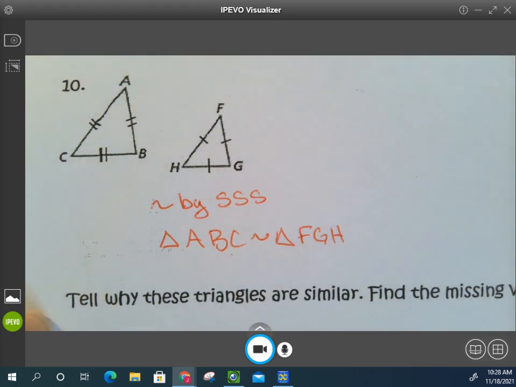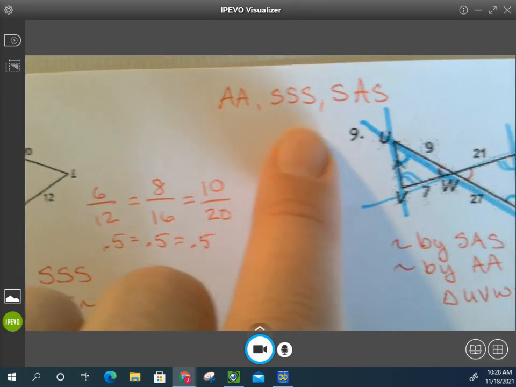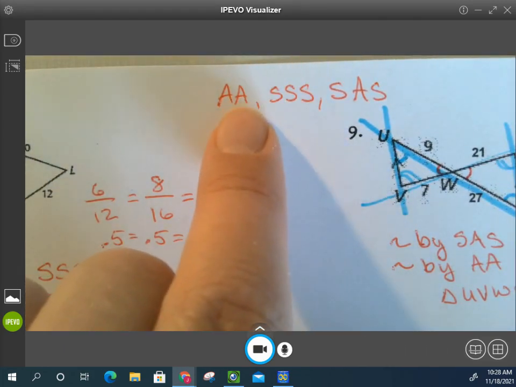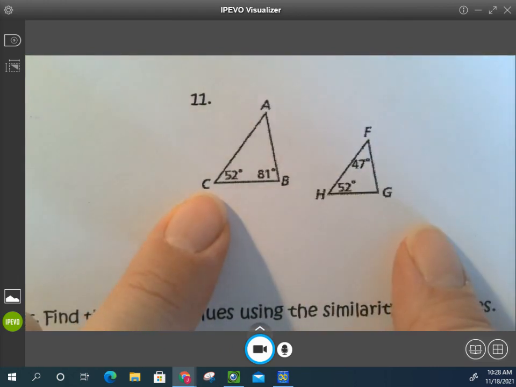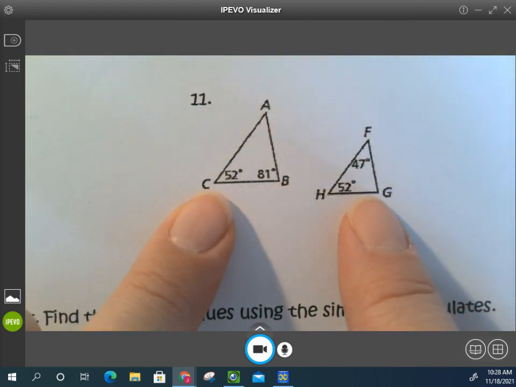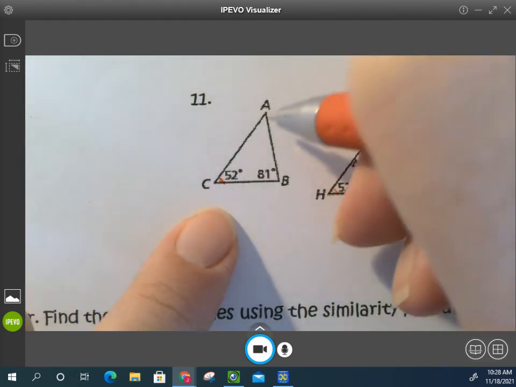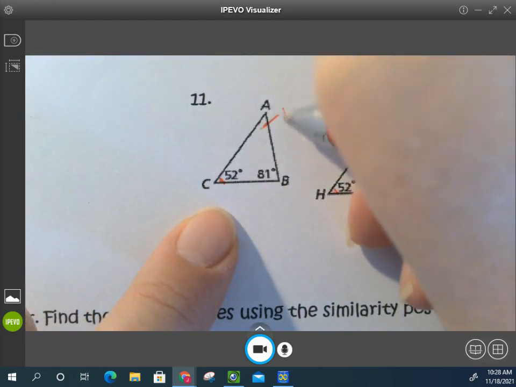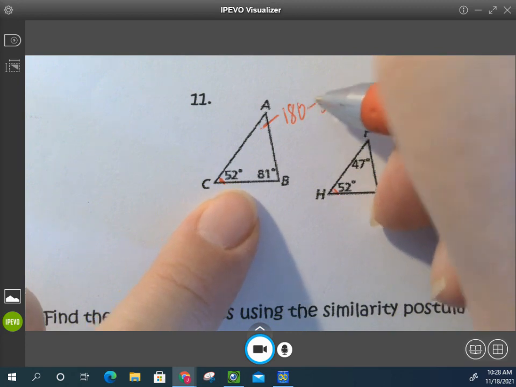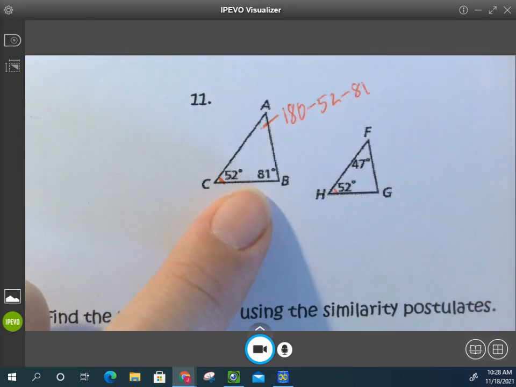Now, look at number 11. We know nothing about the sides. So when you're picking one of them, it's going to have to be all angles. I have no information on sides, but I don't have congruent angles other than the 52. So what you should have done is just take a quick minute, find angle A, 180 minus 52 minus 81. What's left over for that? 47?